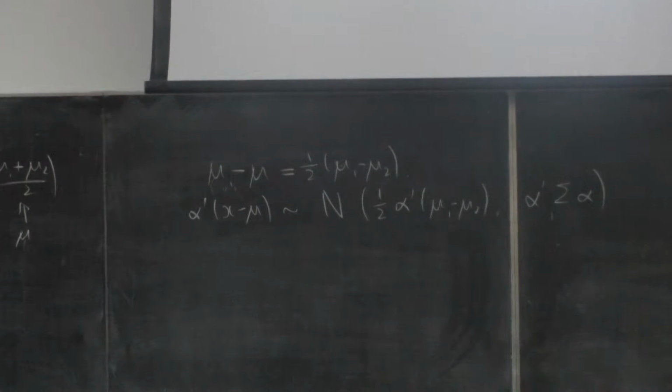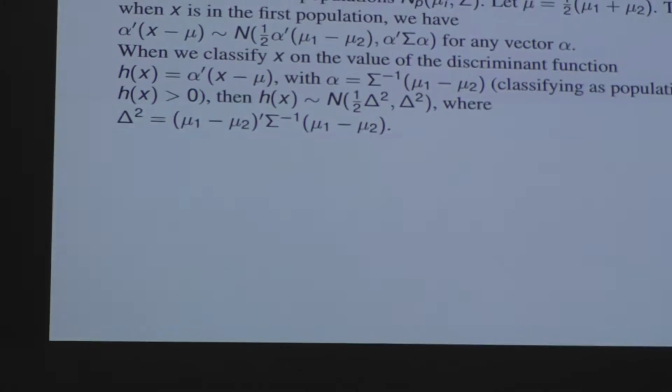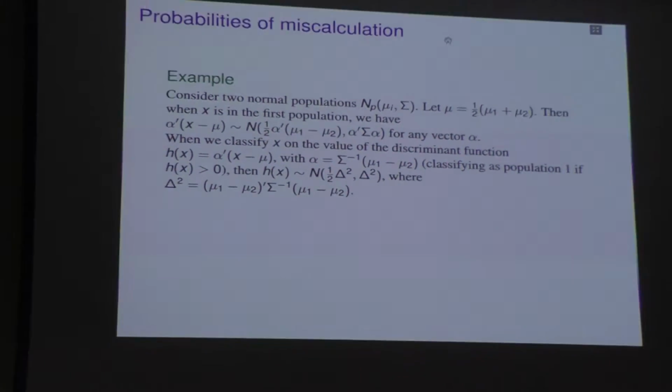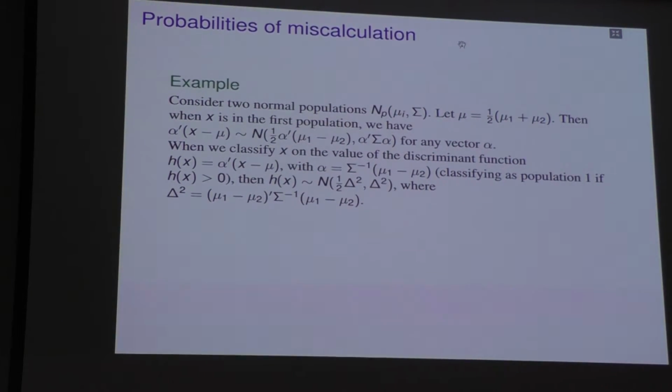Well, this function here, with alpha being sigma inverse mu1 minus mu2, is exactly our discriminant function. So this is alpha dash here.